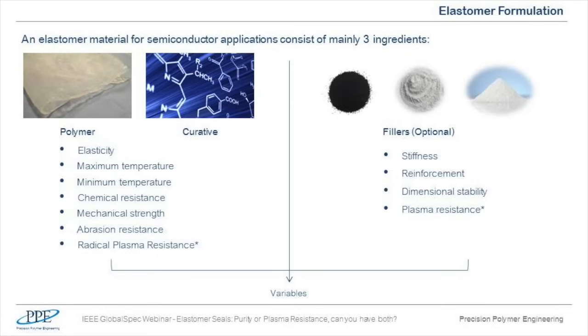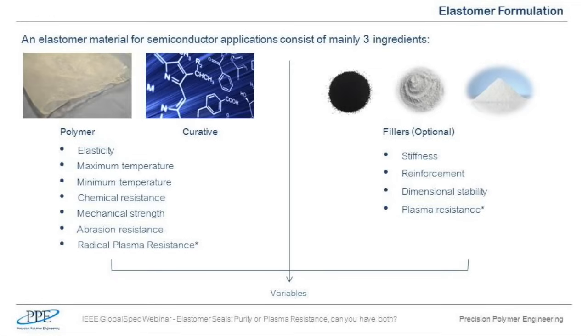But we have another optional ingredient, which is the filler. In some cases we need to mix or compound in various types of fillers to fine-tune the properties of the elastomer materials, such as hardness, tensile strength, etc. Where stiffness, dimensional stability, reinforcement, and generic plasma resistance are needed from the elastomer material, fillers are also used.